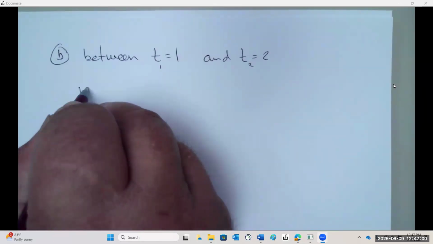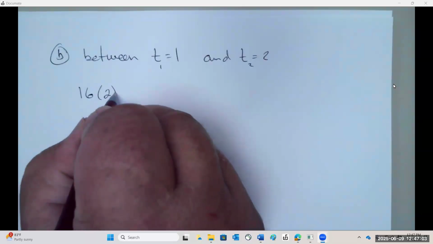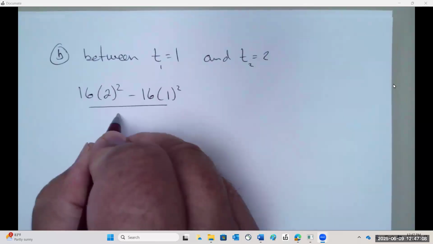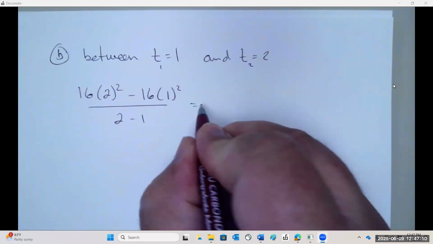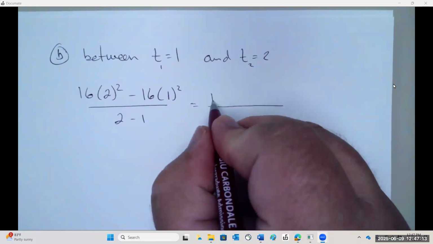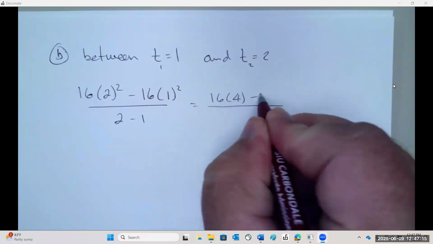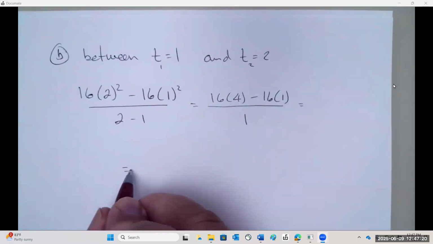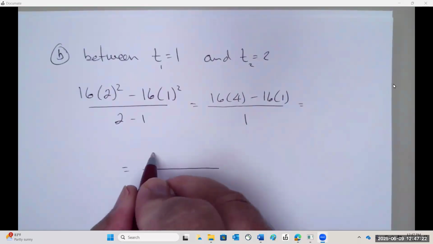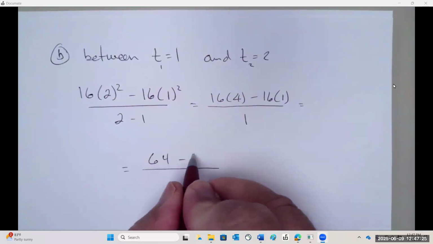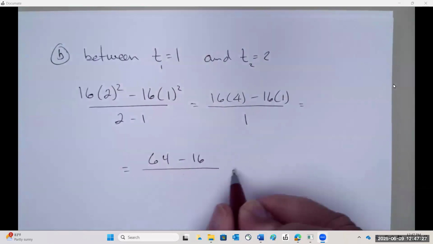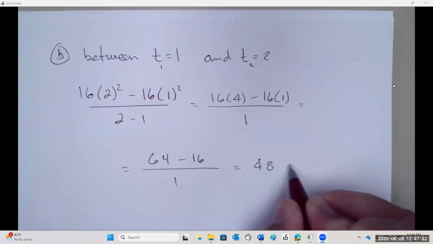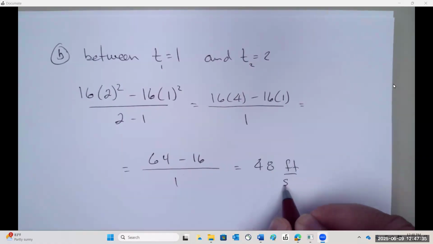So we have 16 times 2 squared minus 16 times 1 squared over 2 minus 1. 16 times 4 minus 16 times 1 over 1. 64 minus 16 over 1. 48 feet per second.